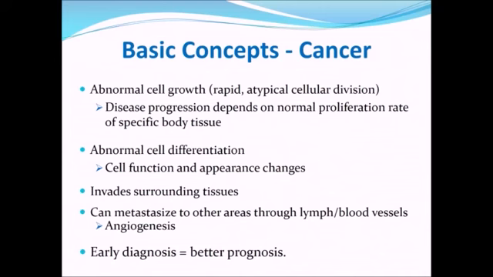And when the cells divide, they don't just divide into two. They divide very haphazardly. So sometimes they divide into 3, into 4, into 7. And again, they don't stay within their own border. They don't stay within their own barrier. And they start crossing over and laying on top of other cells. So it's a very abnormal, atypical cellular growth.